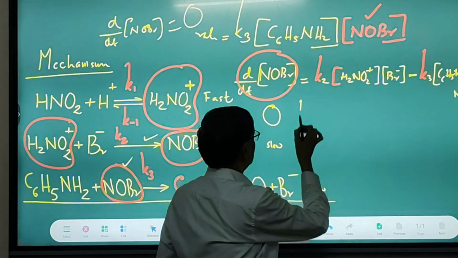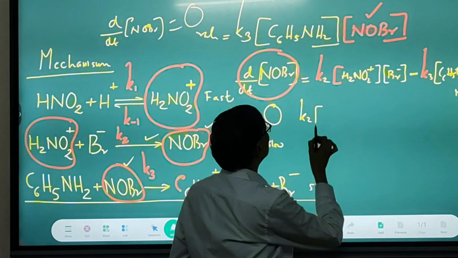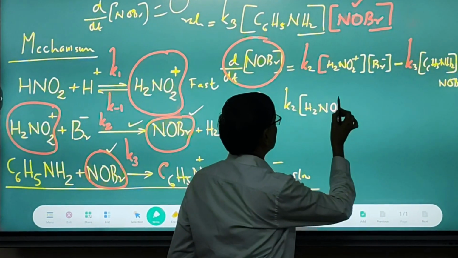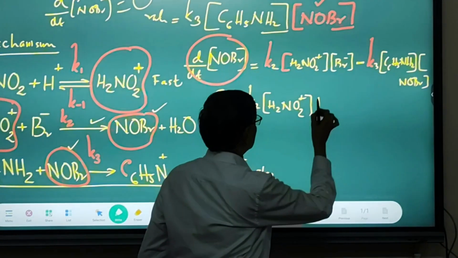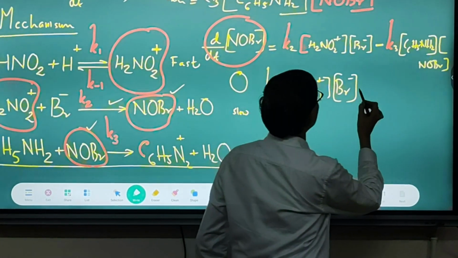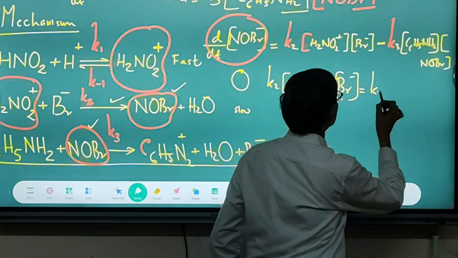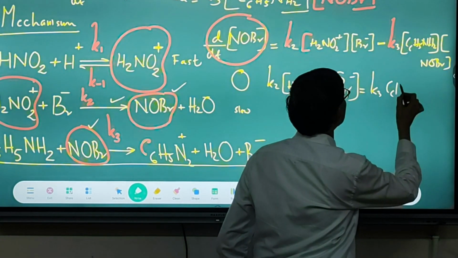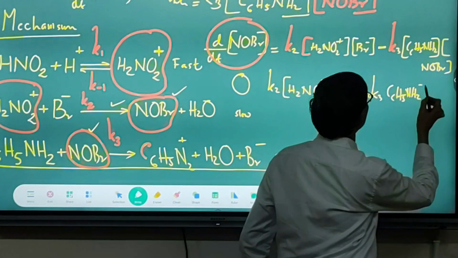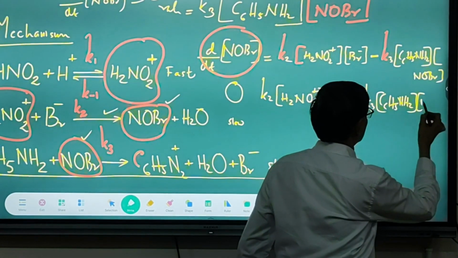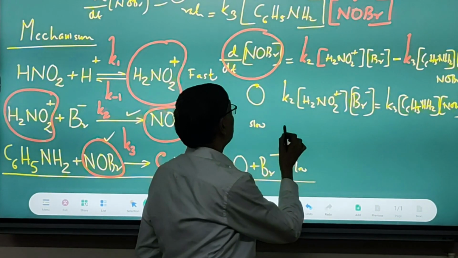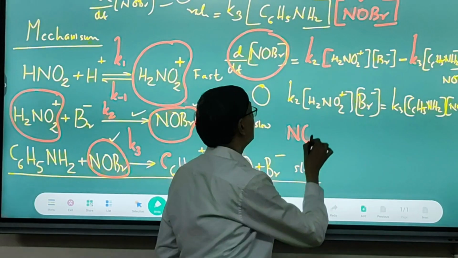That means this is K2 H2NO2 plus Br negative. If it is 0, then I can write K3 C6H5NH2 and NOBr. I have to determine the NOBr.